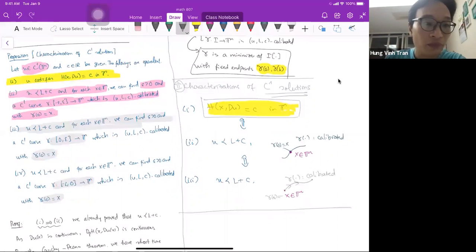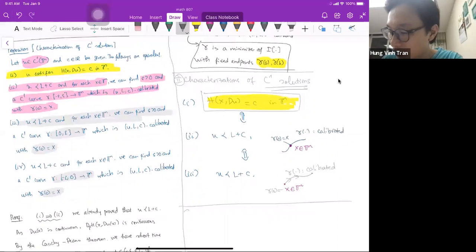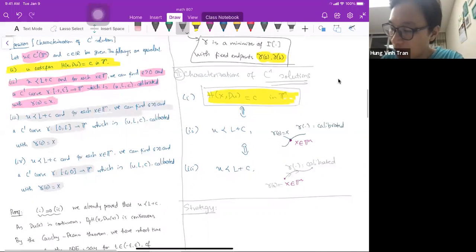So let's see. Our strategy, how we're gonna do things. Of course, you can see already in the proof, and you have read the proof supposedly. But the strategy is that we're gonna show that the three things are equivalent.